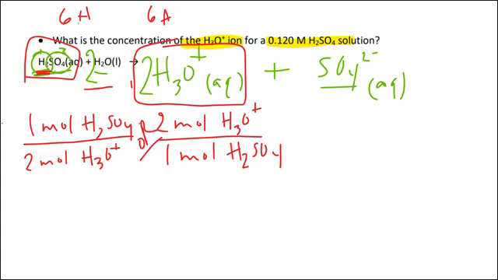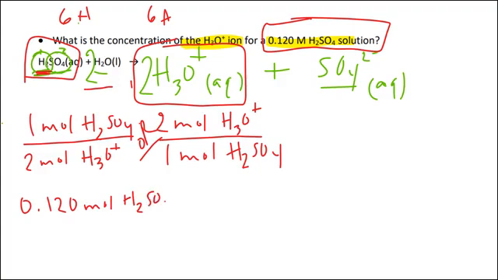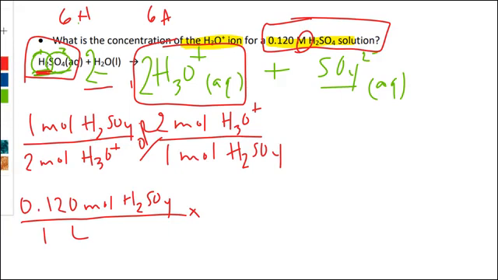So now we're just going to start with my given concentration. The same as what we were just using, 0.120 moles of H2SO4. Again, I know it gave us capital M molarity, but remember that is moles per liter of solution. So then I just need to figure out, well, which of these am I going to use? I've got to have moles of H2SO4 on the bottom.